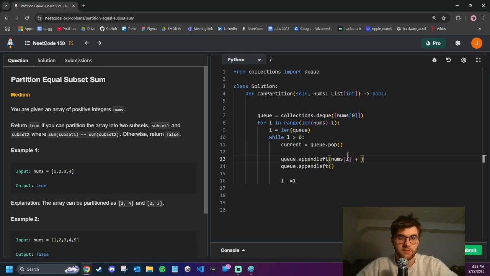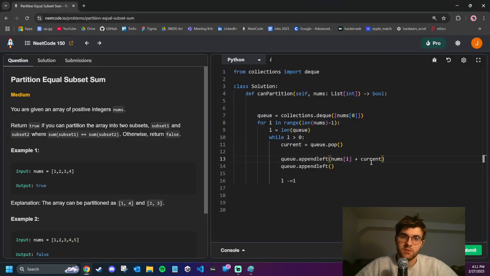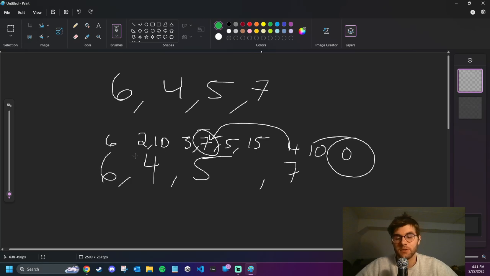plus current. So for nums of I plus current, current is in this case 6.